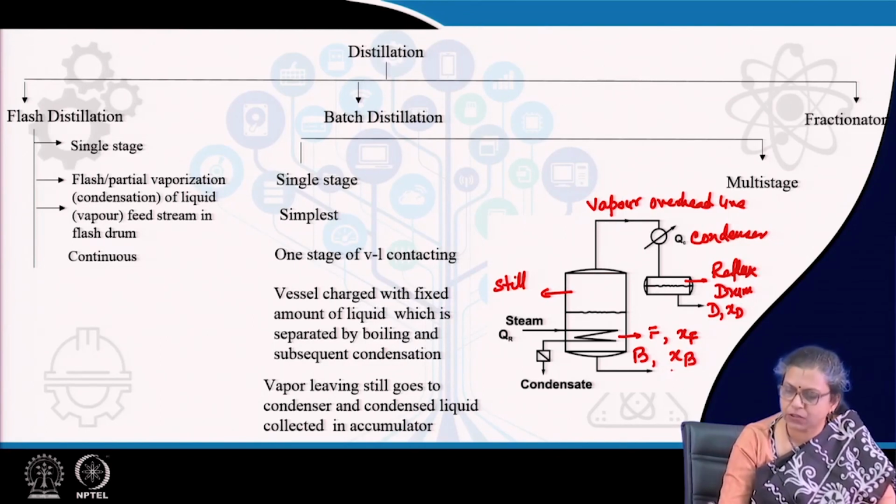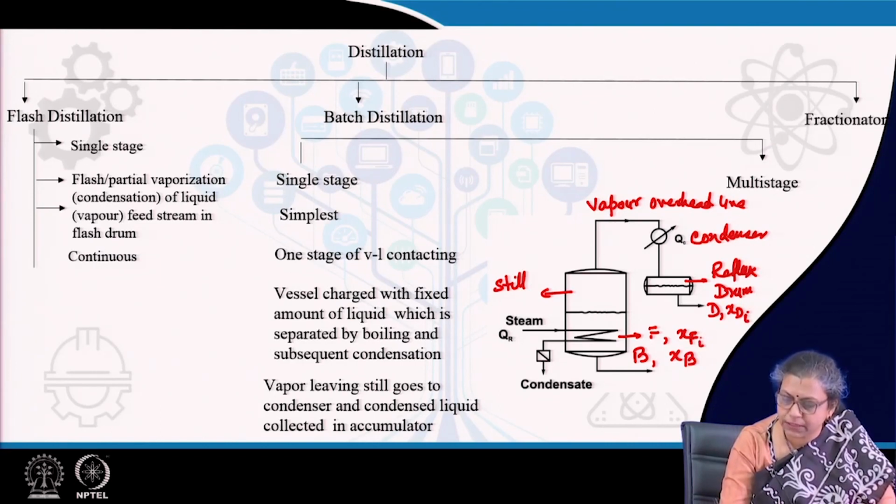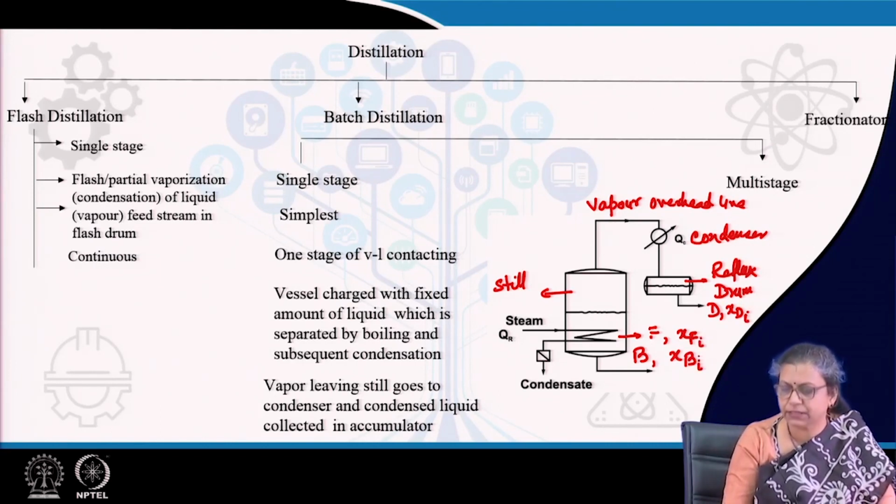And if it is a multi-component feed, then for each component we denote the composition of the ith component by a subscript i associated with each particular composition.